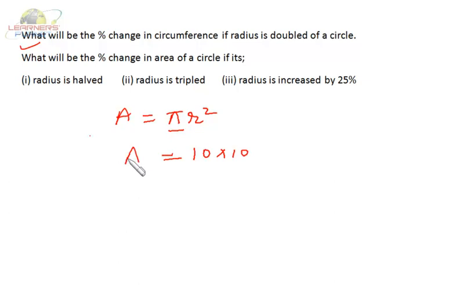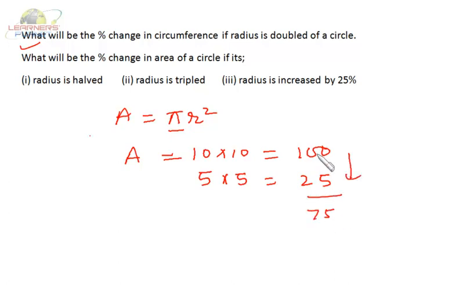Friends, in this calculation we are not considering pi, so just be very careful about it. Now if radius is halved, that means the new radius is 5, so the new area is 25. So what is the downfall? That is 75, and this downfall is from 100, so directly it is a 75% downfall in the area.